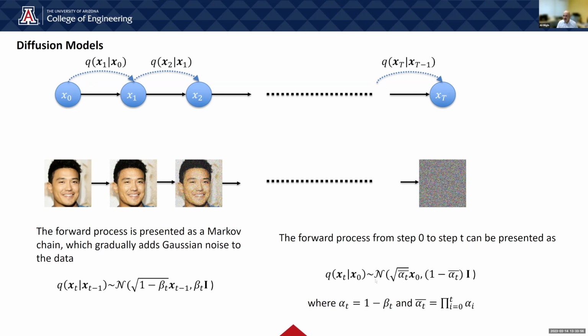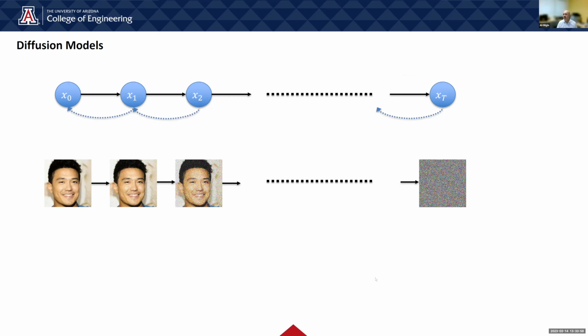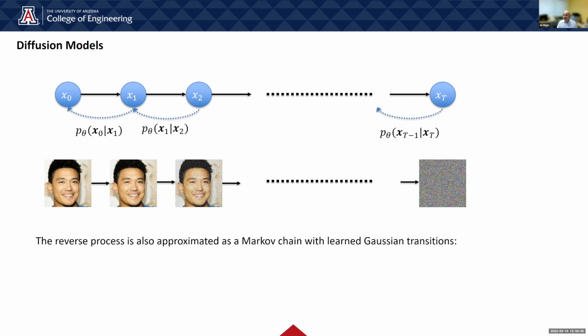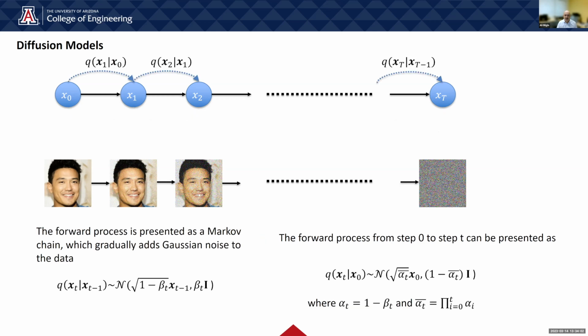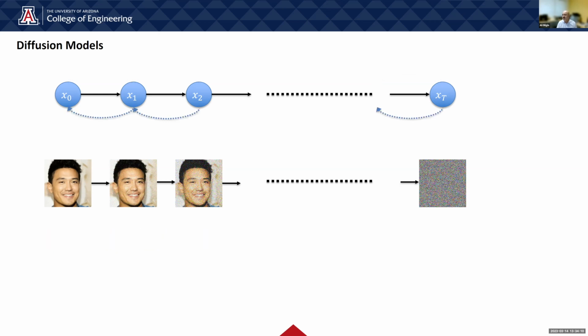All of these are in the references. You can look at them in more detail coming up. Now, of course, we are not really interested in taking images and generating noise out of them. That doesn't seem super useful. We are really interested in the reverse process here for generative models. So we want to start from essentially noise and then be able to generate an image by following the reverse process.